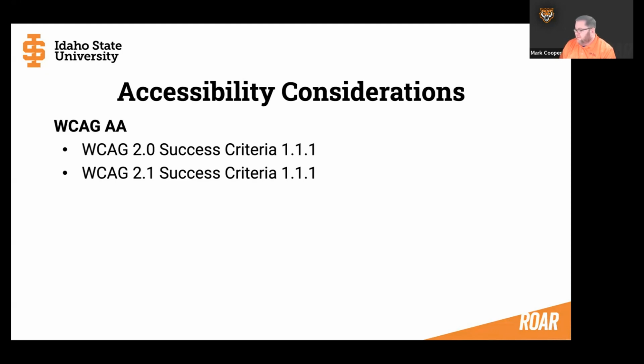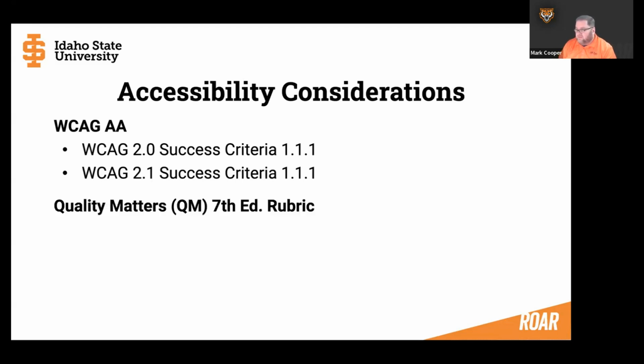And this ensures that the individuals who cannot see the images can understand the content or the function through alternative means. And if you want to learn more about WCAG standards, you can go to their website, which is www.w3.org, and W3 is the organization.